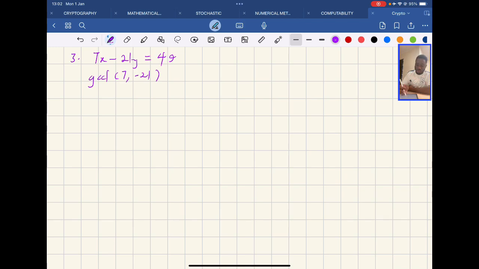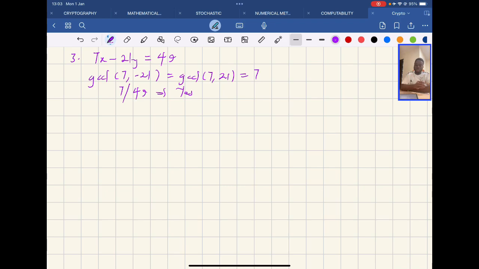Note, from the first video, we got to see that this is the same as the GCD of 7 and 21, right? And this is equal to 7. After getting to know that this is 7, we have to check, is 7 indeed a divisor of 49? And yes, it's a divisor.